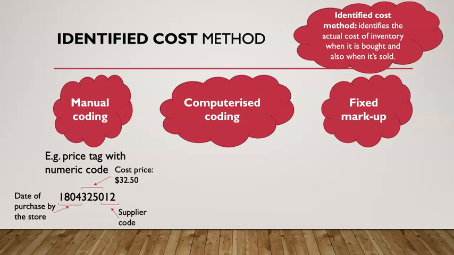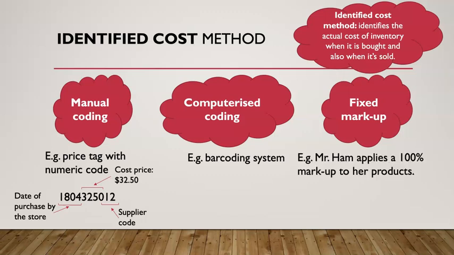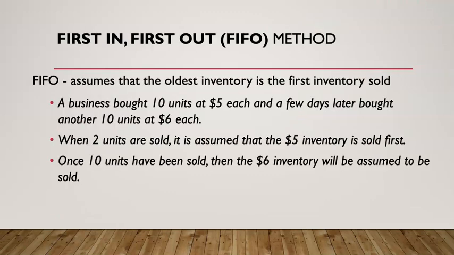This would be the supplier code. There could be computerized coding, so very similar to the numeric code, but when you scan the barcode, it would automatically record the cost price. Or we could just have some simple rules about markup. So if we sell something that was $25, we know that we applied 100% markup, so the cost price must have been $12.50.